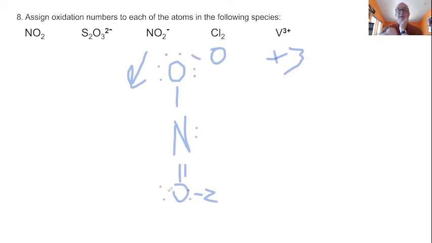This one is. Its oxidation number is still -2. So what does that leave nitrogen being? +3. It's got to be +3, because remember, the three of them have to add up to whatever the charge of the molecule is.